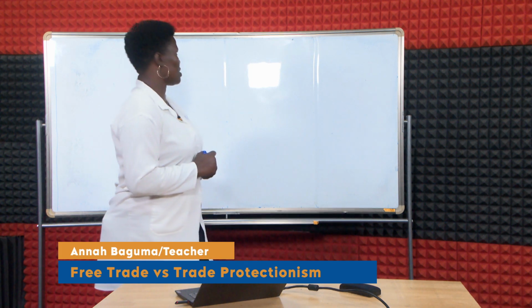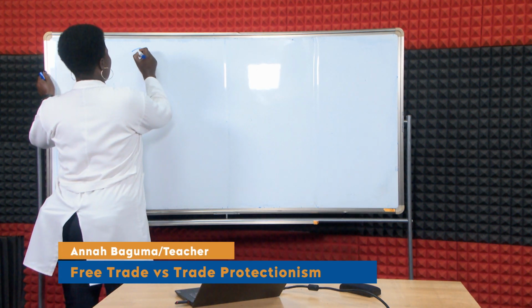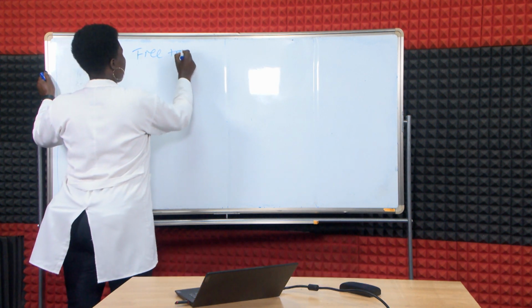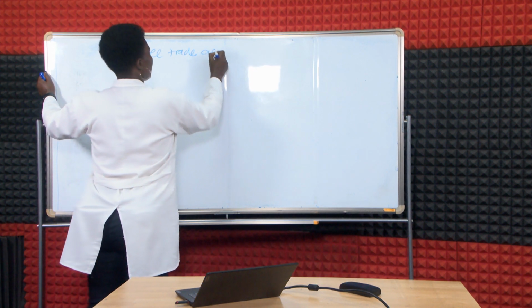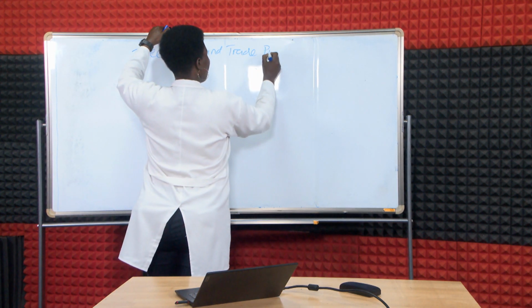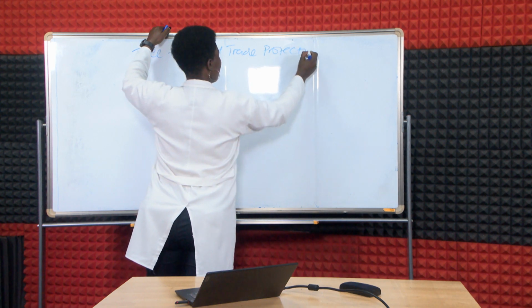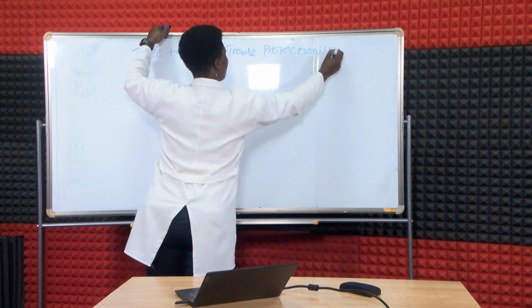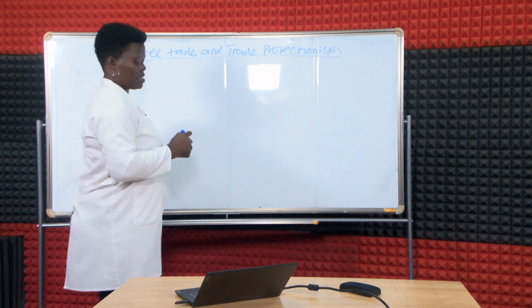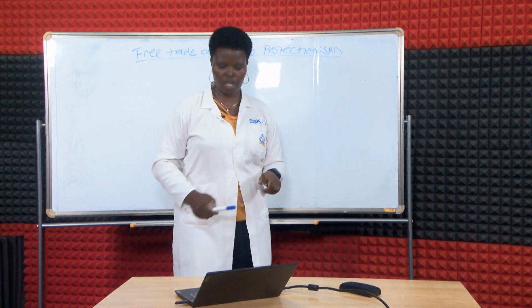Unit 3 is called Trade Protectionism, Free Trade, and Trade Protectionism. We are going to see about free trade and trade protectionism.